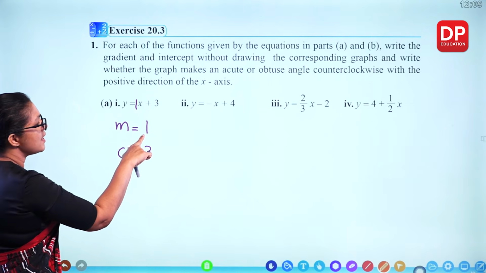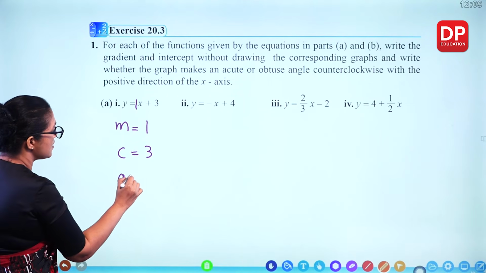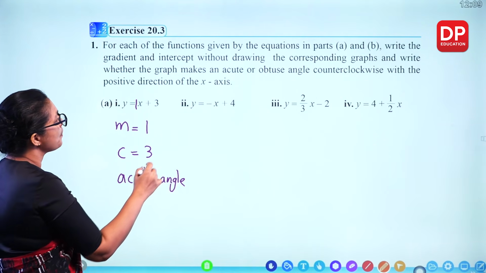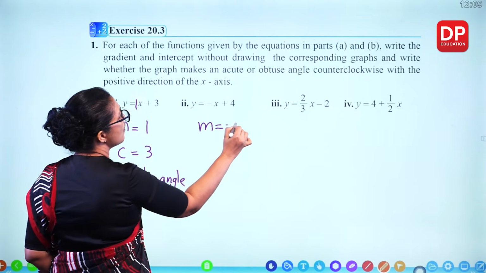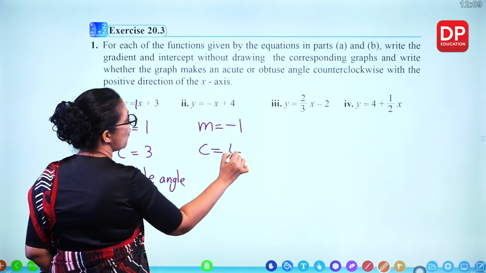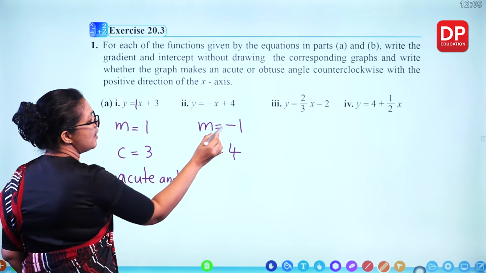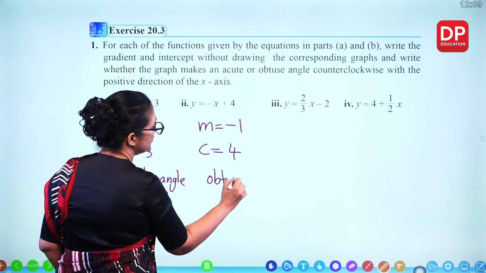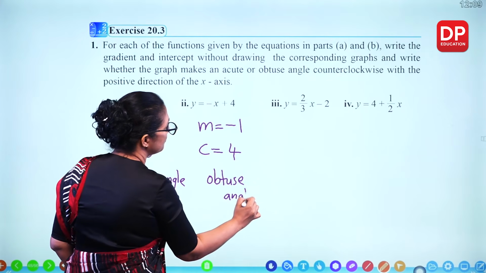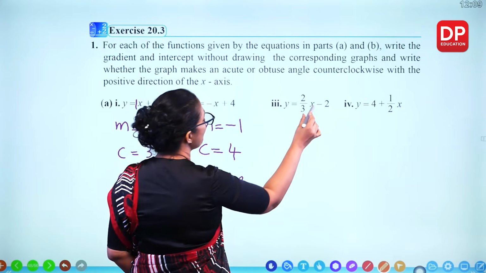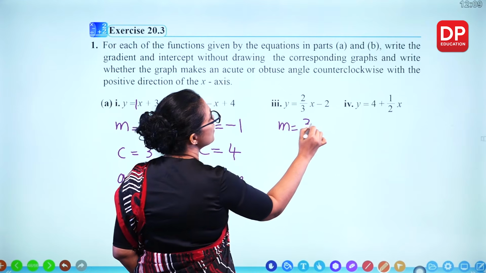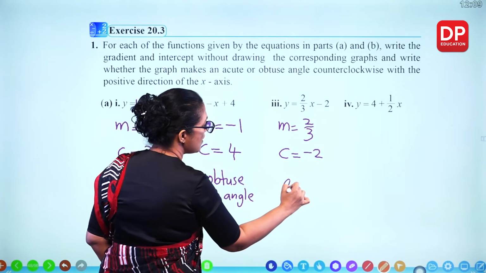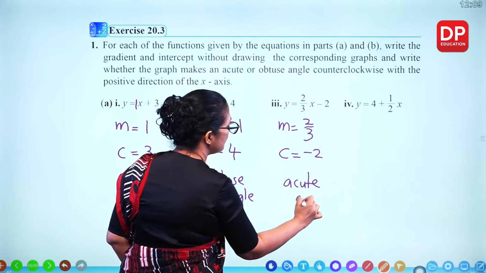So M is positive, so it makes an acute angle. Slope is negative now. Y-intercept is 4. So when gradient is negative, that's obtuse angle. This one, slope is 2/3 and intercept is -2. Slope is positive, acute angle.